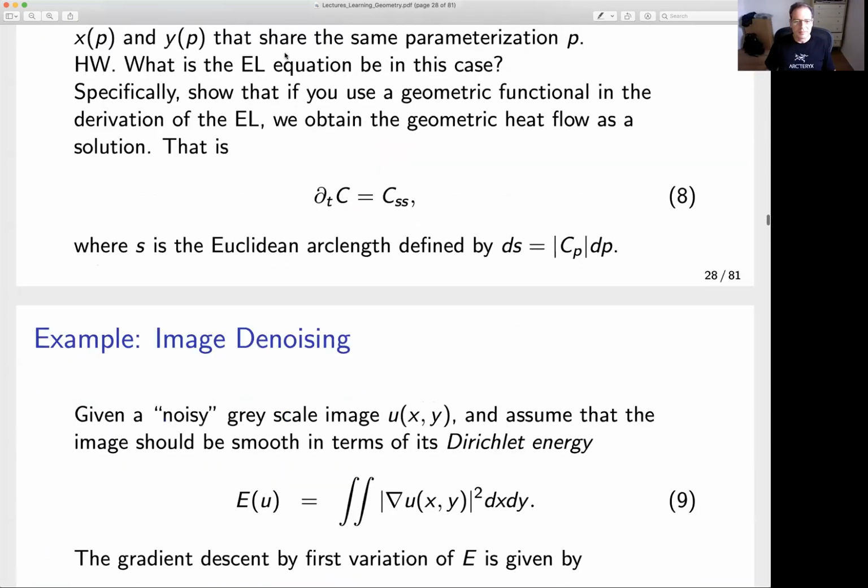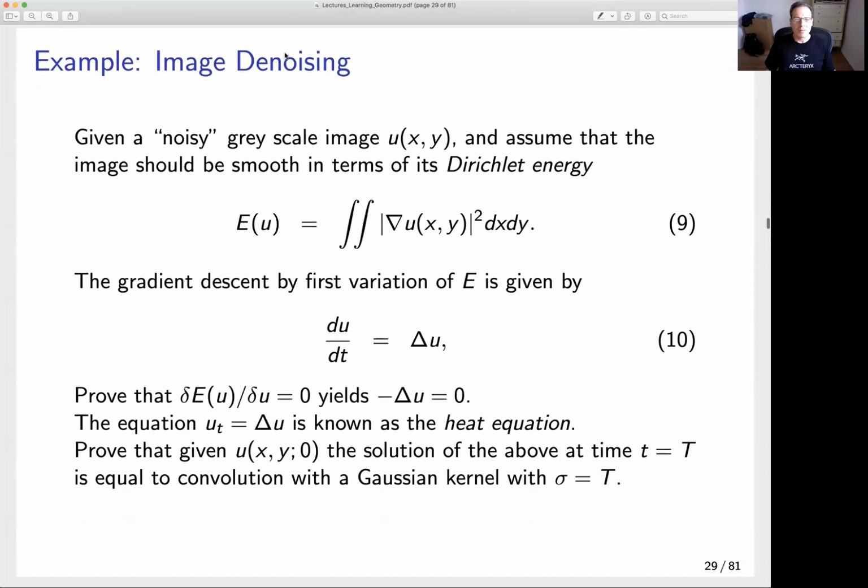And here are some more examples. What happens when we integrate over the squared gradient? Now it's no longer integration over one parameter, but rather over the x and the y parameters. This was the way that images were processed until, I would say, 1919: minimizing the Dirichlet energy.